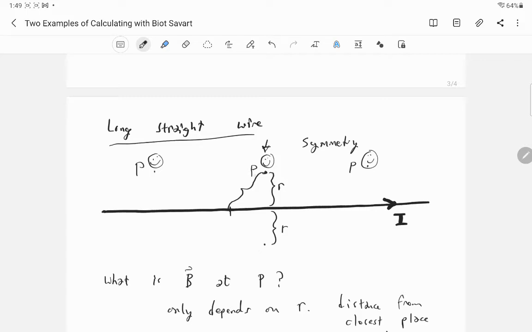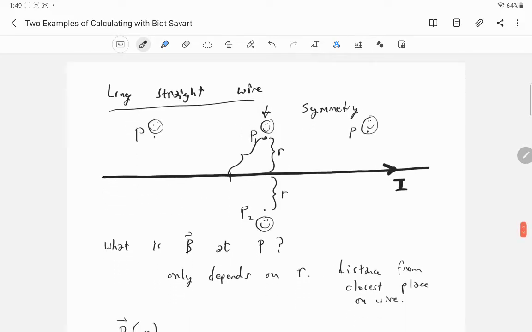What if this is like P1 and this is P2? So what's interesting about this is actually there ends up being an interesting difference. So check this out. Let me go and erase these other people and the idea of symmetry. And let's just think about, what do these two people see?